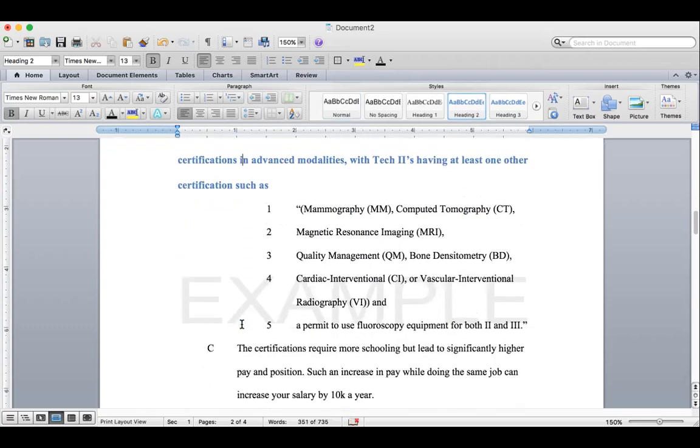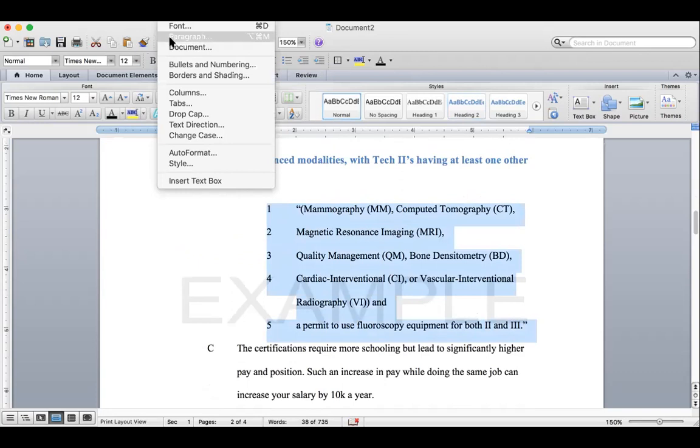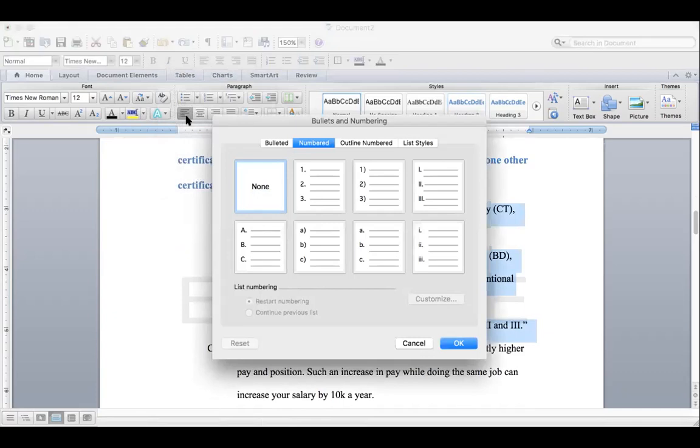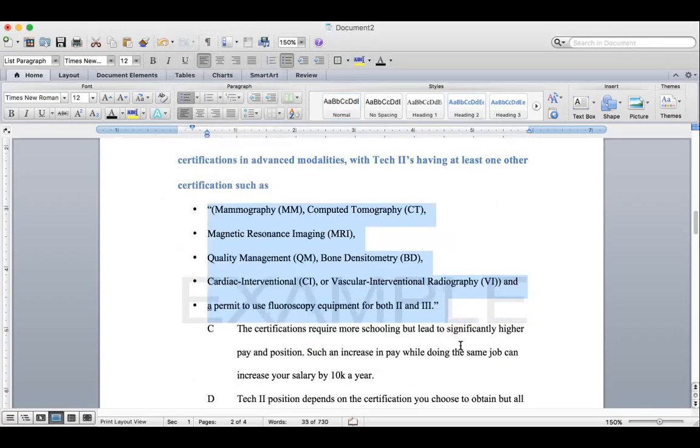Okay, so then here I decided I'm not going to number that. I'm going to bullet it. So I'm going to highlight all of that, and then I'm going to go to bullets and numbering. And I'm going to just bullet it. I don't even have to take out the numbers. It will automatically do that.